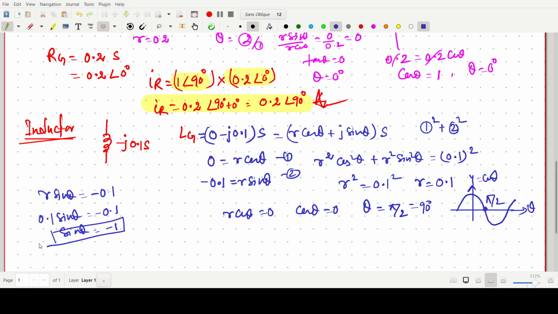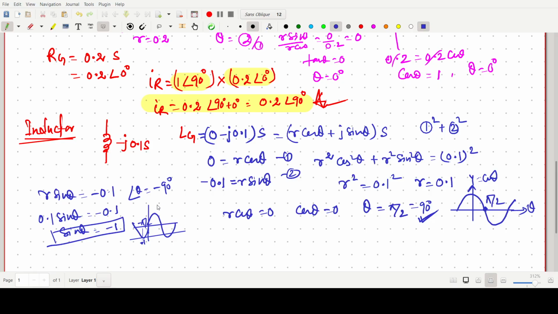Okay, so what will we do? r sin theta equals minus 1. So if you plot sin theta, it is minus 1 at minus pi by 2. So the angle will be minus 90 degrees, and here the angle will be 90 degrees.